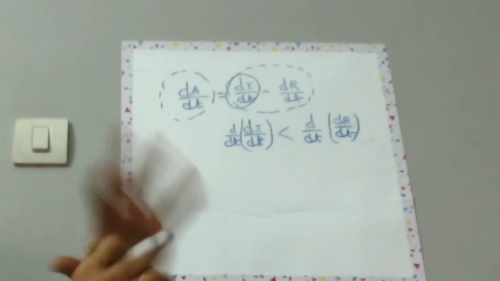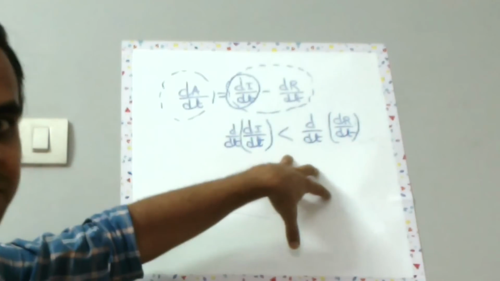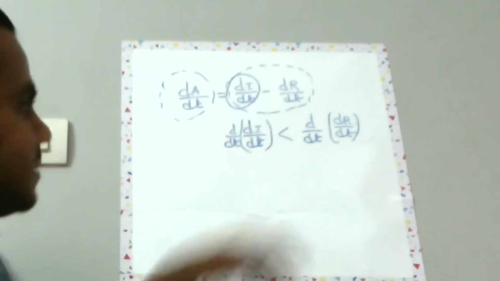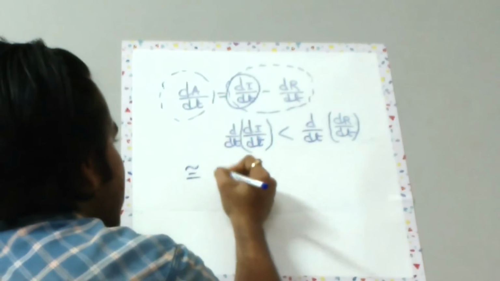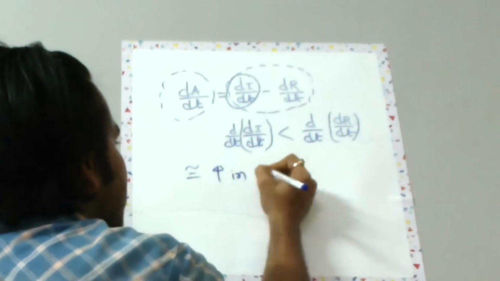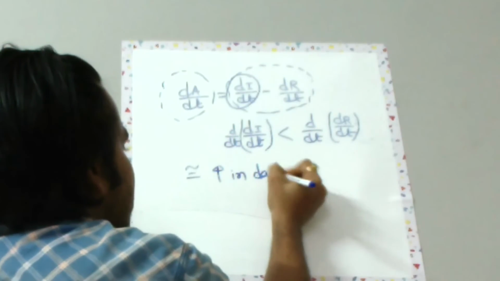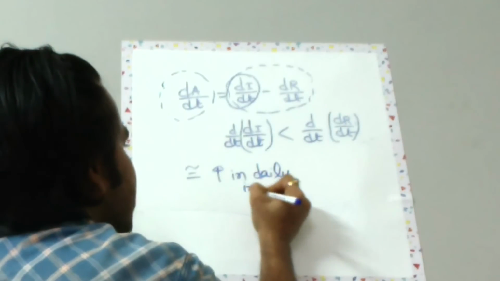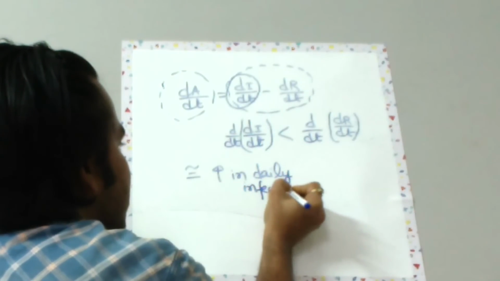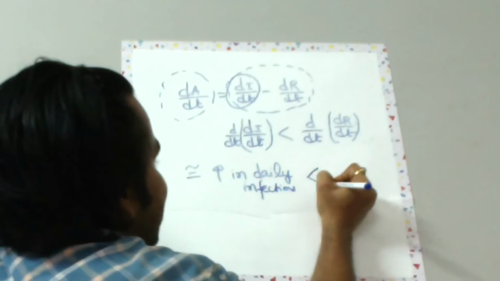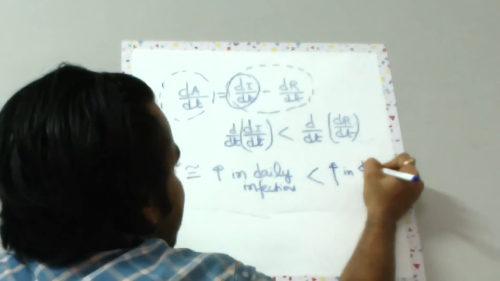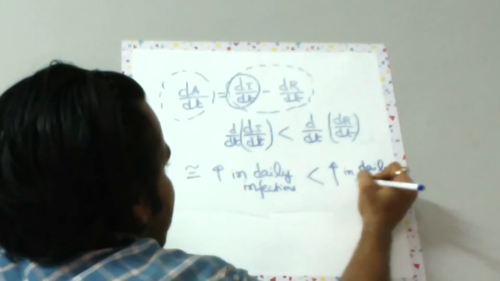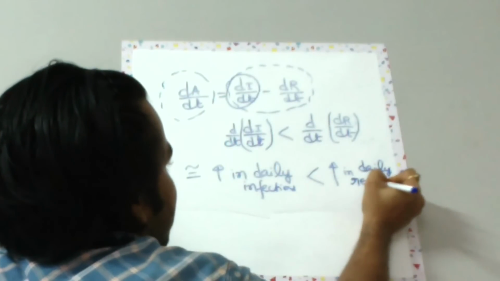Now if we look at an approximation of this, this is nothing but increase in daily infections should be less than increase in daily recoveries.